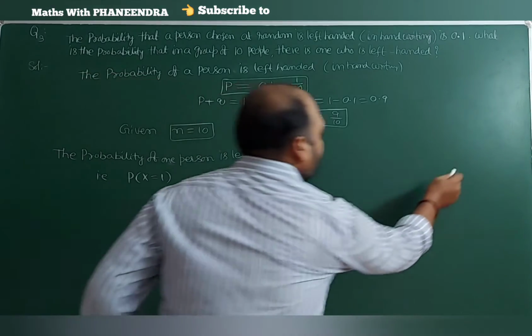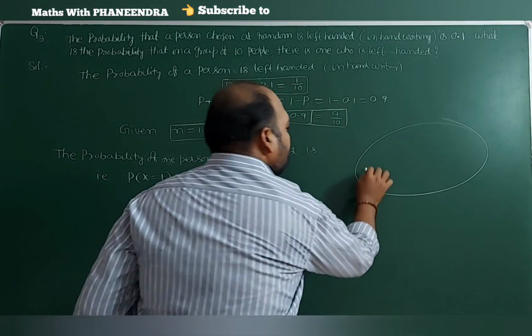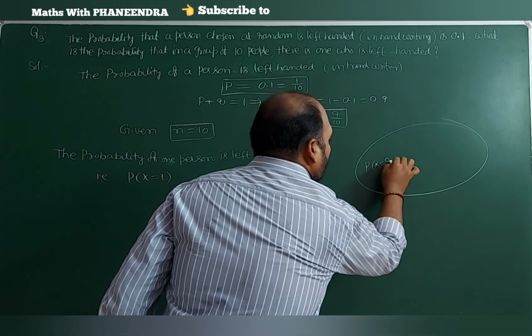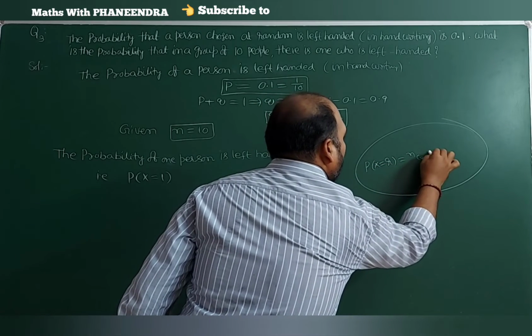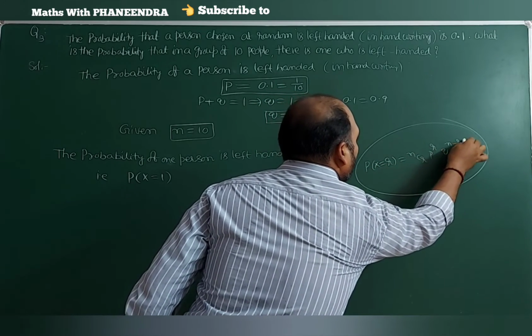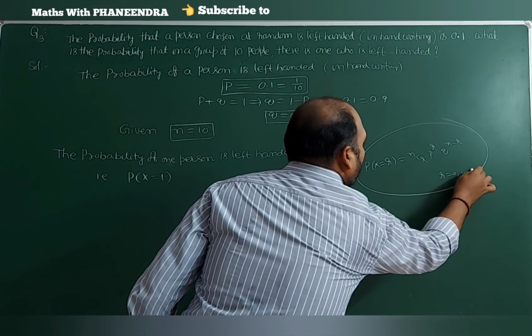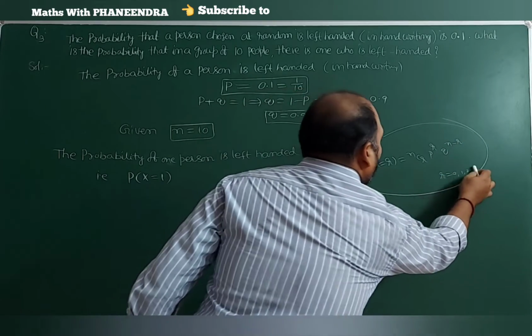So once again I am writing the probability distribution function. P of x is equal to nCr p power r q power n minus r, where r is equal to 0, 1, 2, 3 and so on till n.